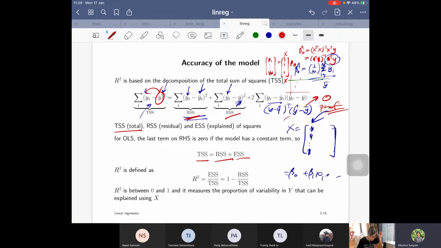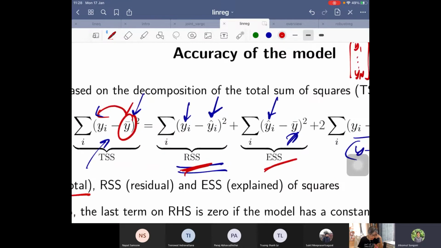Okay, and then the R square is defined by the proportion of ESS with respect to the total sum square, or on the other hand, it is 1 minus the residual sum square. For the residual sum square, of course, for a good model, you prefer it to be small, right? You prefer the deviation of your model output from the actual y to be small.